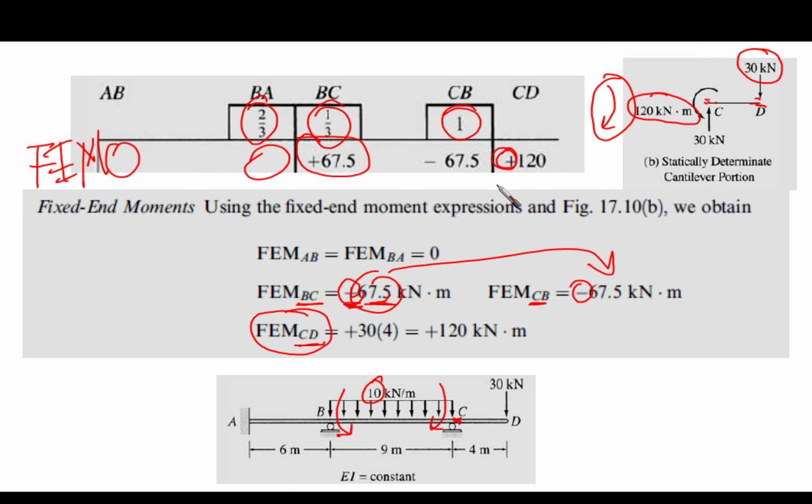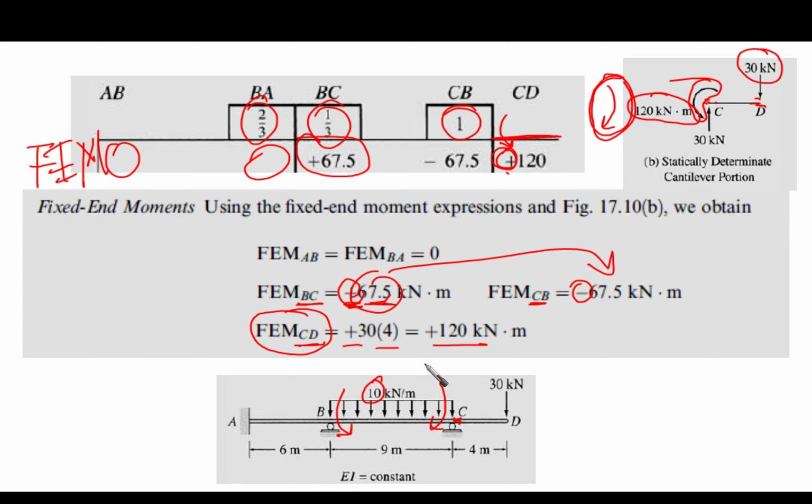Why is it positive? Because we are talking about this part, which is CD, as if we have a moment here. So take care. This moment is the effect of the cantilever on BC. However, this moment, which is the fixed end moment inside the span CD, is the moment that is going to be developed here. So we put it as positive for this reason. So 30 times 4 equals 120.